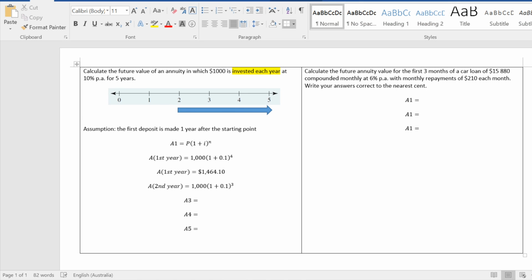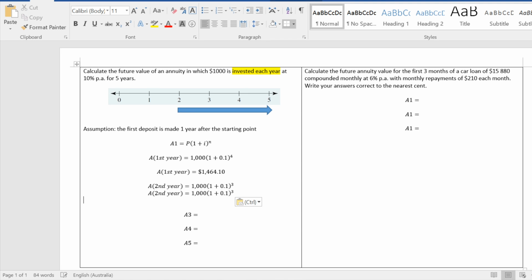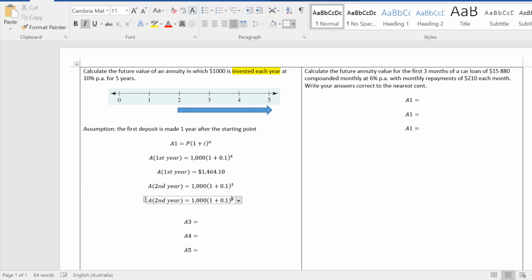It's sitting in there for 3 years. So the total amount earned from the $1,000 deposit is going to be $1,331. Notice it's a little bit less because it wasn't in the oven for as long.